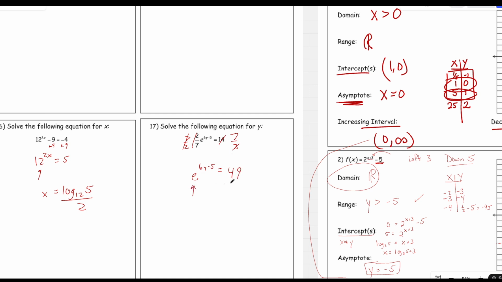And then the base of the exponential will become the base of the log on the other side, which is ln 49, which you just type in your calculator. Add 5 and then divide by 6. Calculator.